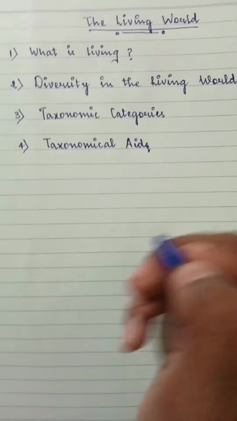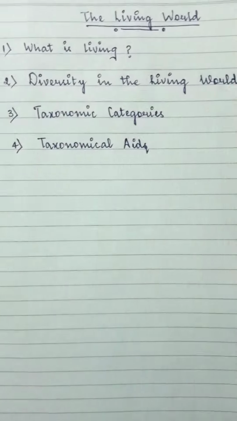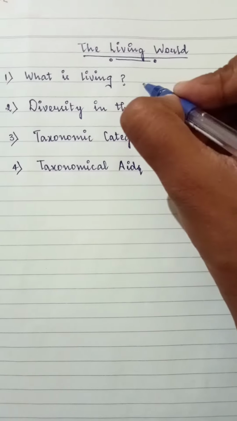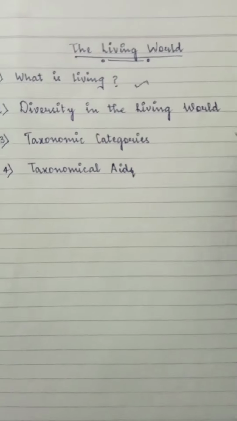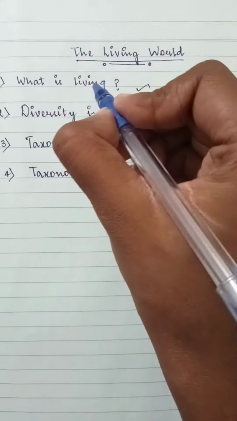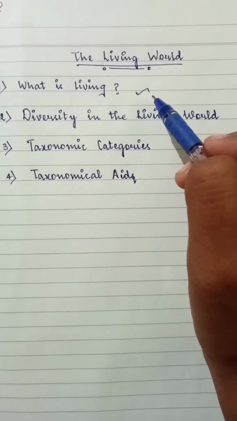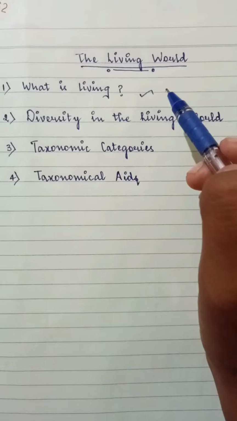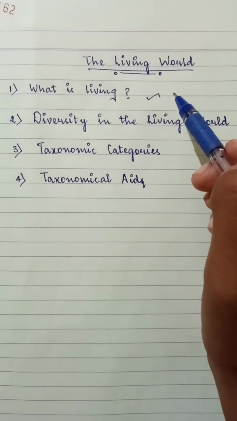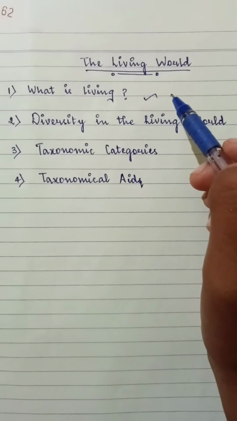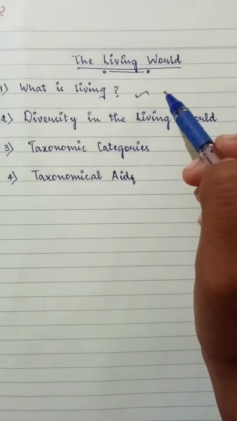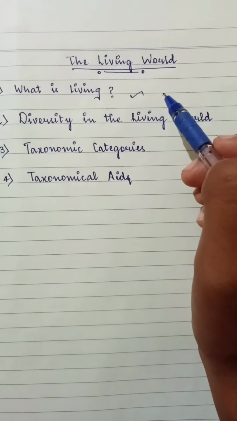To start with, in the topic what is living, we would be basically studying what is actually a living thing or a living organism. What are the basic differences between a living and a non-living thing?